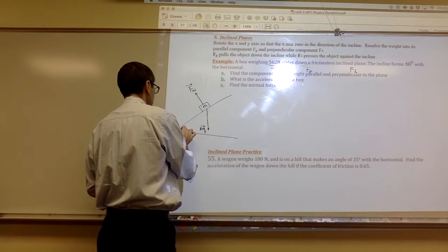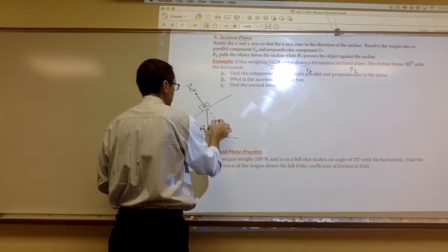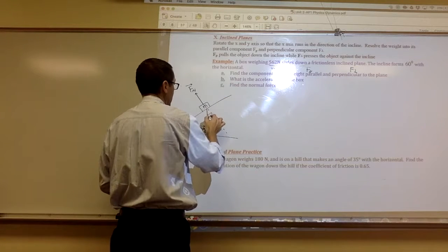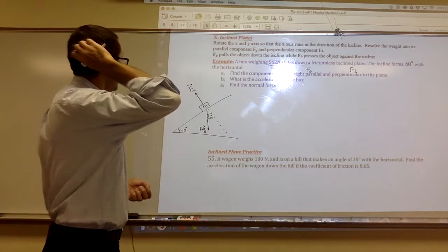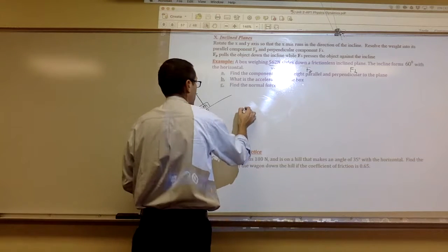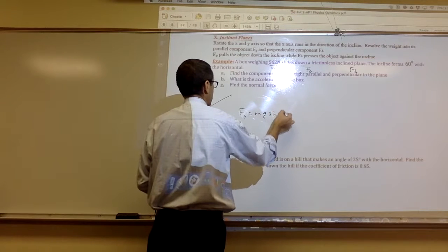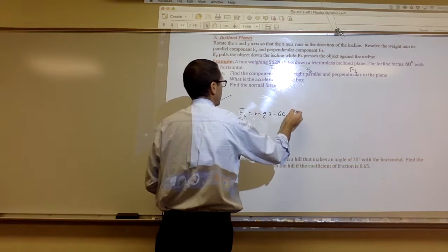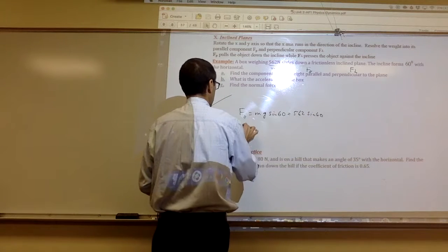So this angle here is 60 degrees. If I continue with this line that's perpendicular to the ramp, this angle here is also 60 degrees. So to find the F parallel, that's going to be your mg sine of 60, and that should be 562 sine of 60, and you got an answer there.